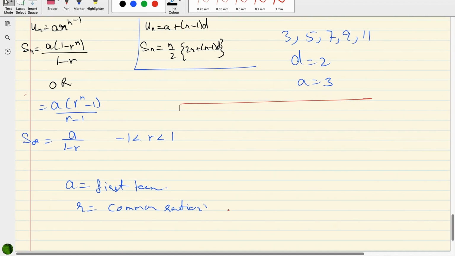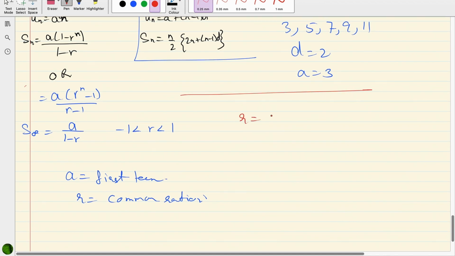Now we have r. r is the common ratio, that is term n plus 1 divided by term n, and d was term n plus 1 minus term n. d was the difference, this is the division, the ratio.